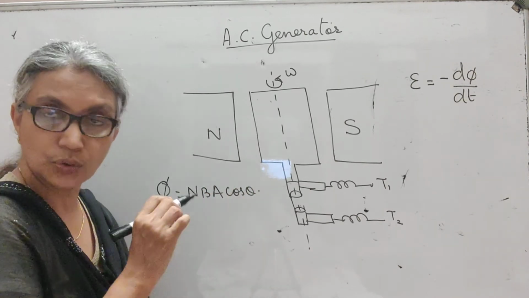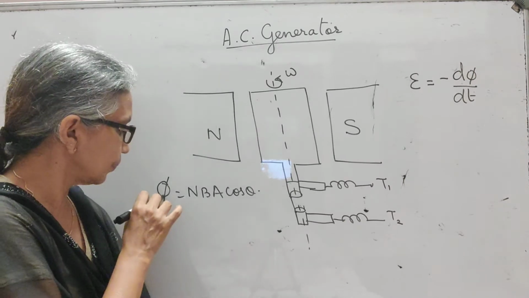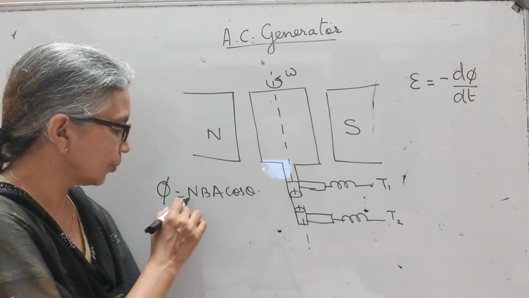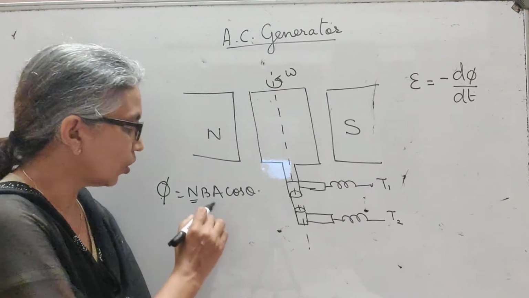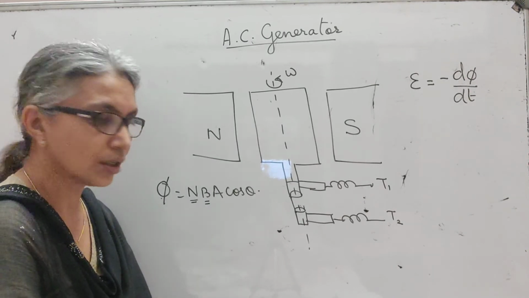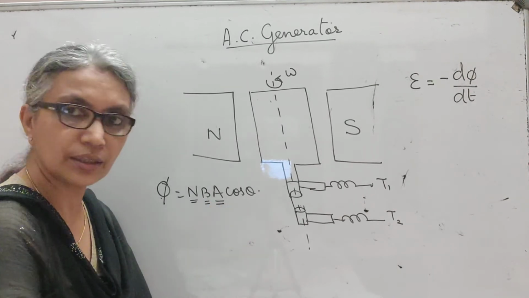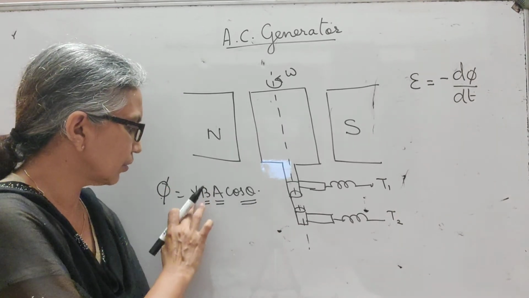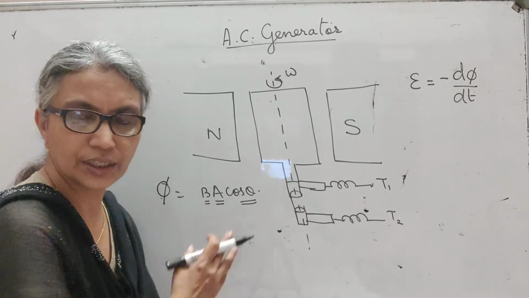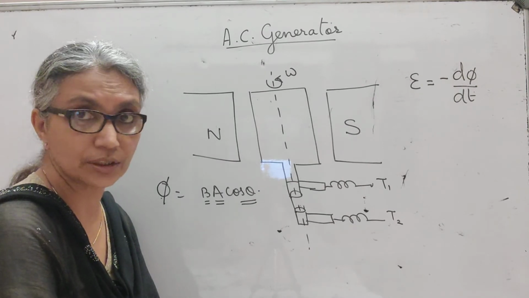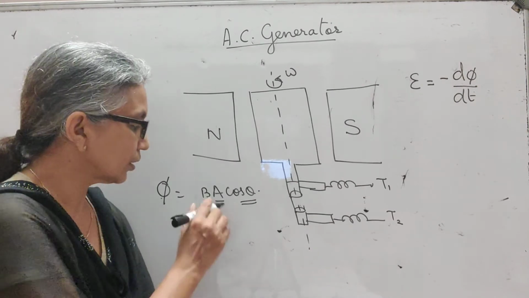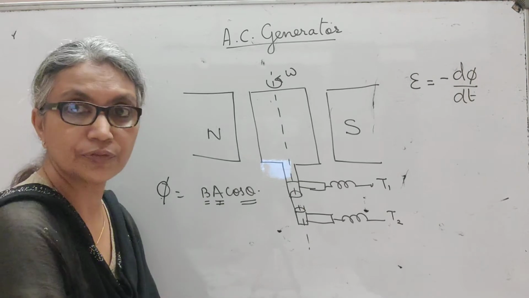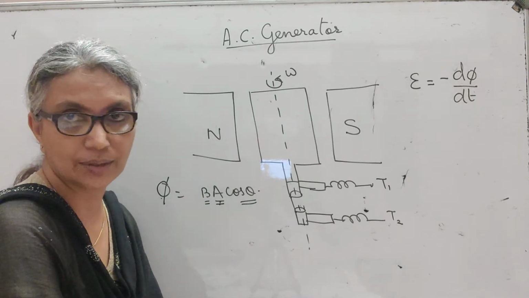So you can induce current by simply changing flux, which means you may change the number of turns, or the magnetic field, or the area, or theta. We don't have any topic dealing with changing the number of turns, but change in area is what we dealt with in motional EMF.